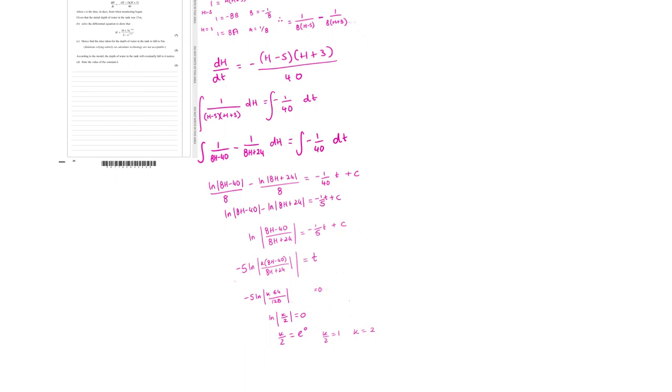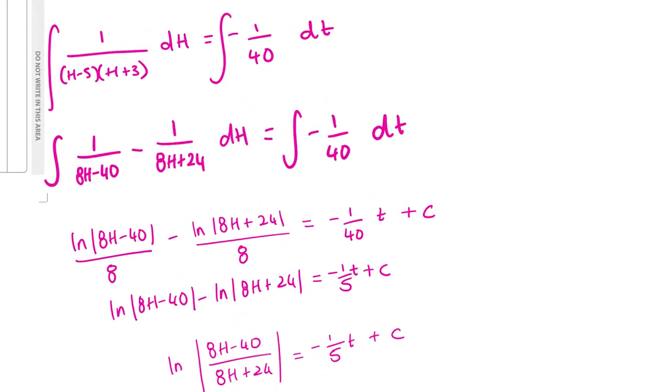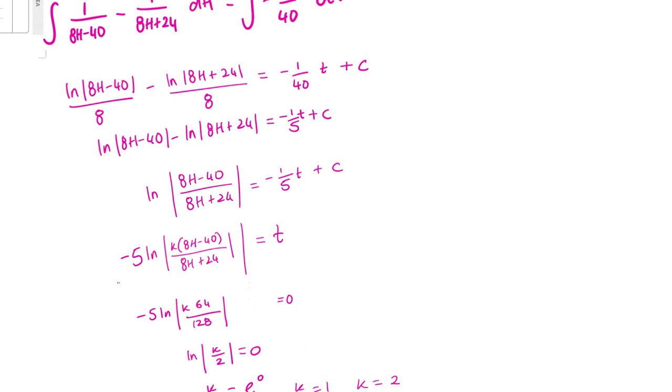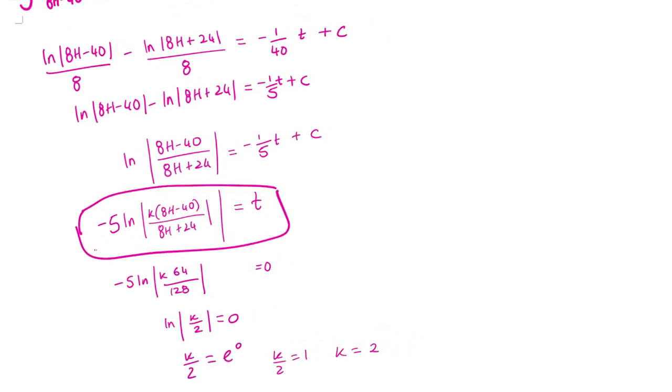So, it says, hence find the time taken for the depth of the water in the tank to fall to 8 meters. We haven't even got what h is yet. So now I need to find what h is. So I can go back to this one, technically. Okay. I know that k equals 2.